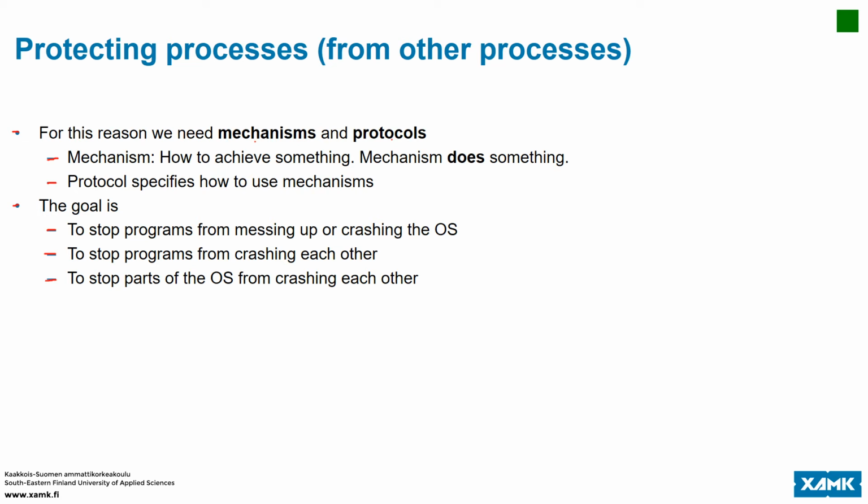And protocols usually are the way to achieve safety for the processes. So the goal here is, in order to protect processes, to stop programs from crashing the operating system, to stop programs from crashing each other, and to stop parts of the operating system crashing each other or other programs.